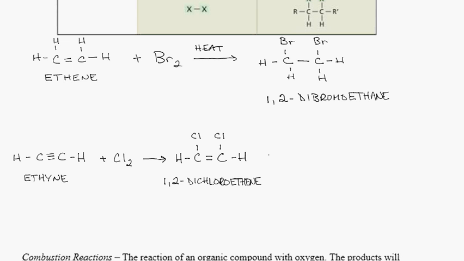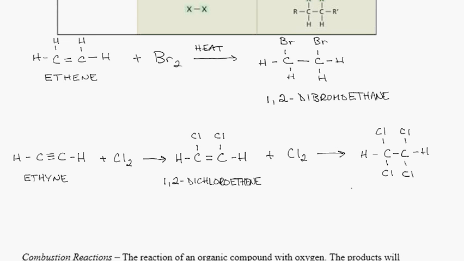To this, we can now add more chlorine, and now we can break apart the double bond. So we have the chlorine that's still there, the H that's still there on each side, and now the bond that was broken puts additional bonds on the carbons where we can attach the chlorine molecule.